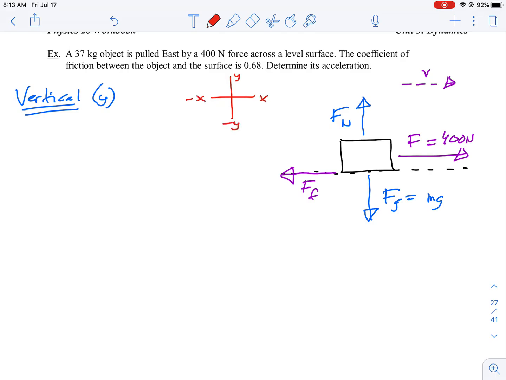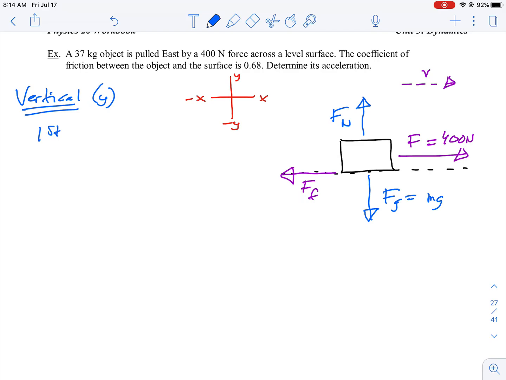So the question is, vertically speaking, do you guys know which law that would be? Now, this object that's going across the surface, you have to realize it's not accelerating off the surface, not flying into the air, and it's not accelerating into the surface, not digging into the ground. So vertically speaking, there's no acceleration. So that would be Newton's first law.